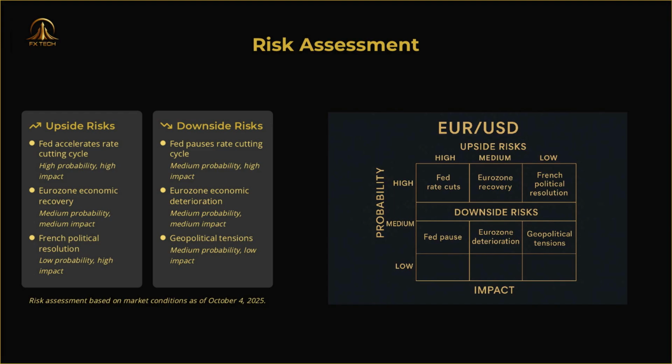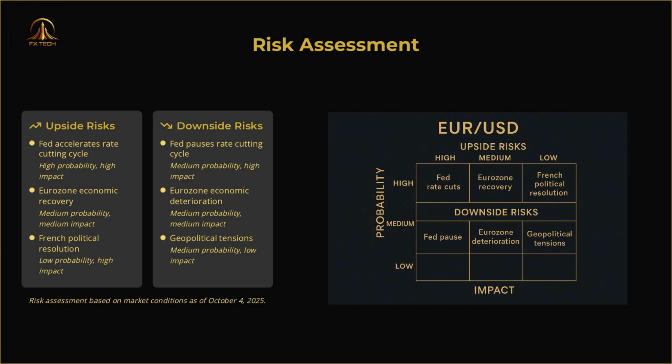Conversely, downside risks include a potential Fed pause in its rate-cutting cycle, which has medium probability but high impact. Eurozone economic deterioration remains a concern with medium probability and medium impact. Geopolitical tensions round out our risk assessment with medium probability but relatively low direct impact on EUR/USD.